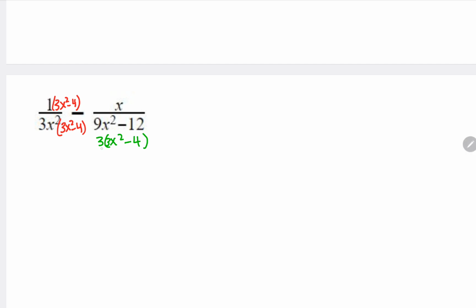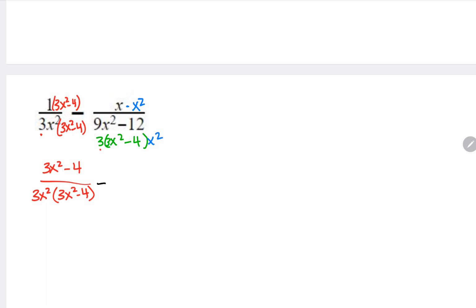Now, it does have a 3, though. We have a 3 here. There's also a 3 there. So that part's good. What we need, though, in our second fraction is we need to multiply by x squared. So when I do that, in my first fraction, I now have 3x squared minus 4 in my numerator, and I have a 3x squared and a 3x squared minus 4 in my denominator.